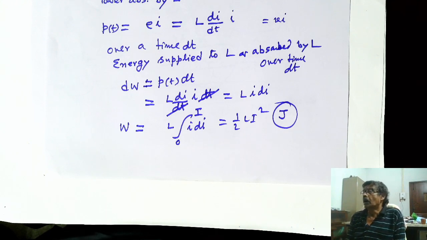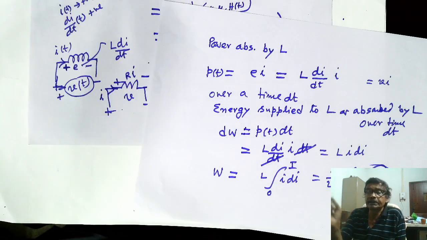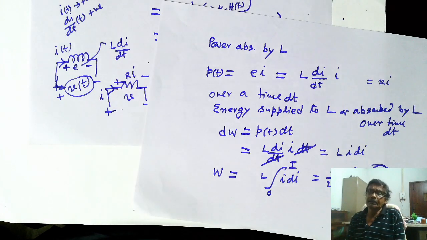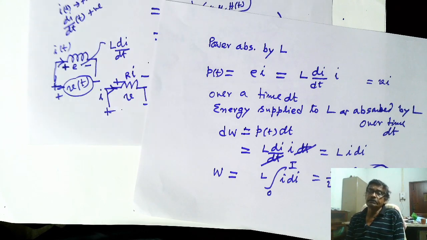Now, this inductor, as I told you, has vanishingly small resistance. Although current is flowing through the wire, I am neglecting that I square R loss, because I am telling you it is an ideal inductor, no resistance. Therefore, where has that energy gone?